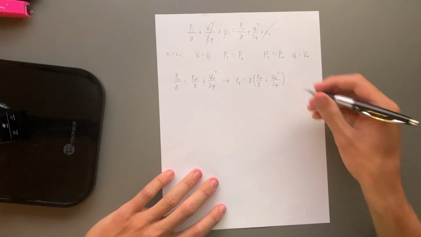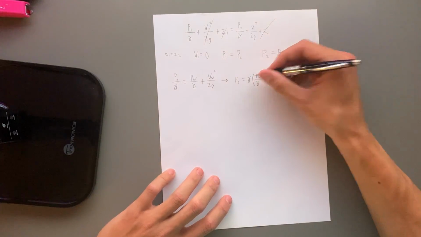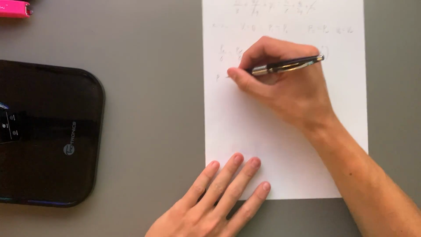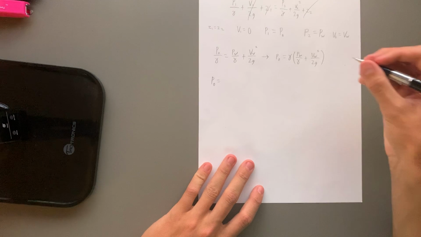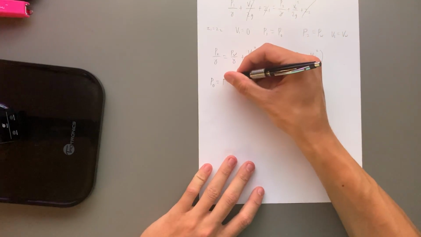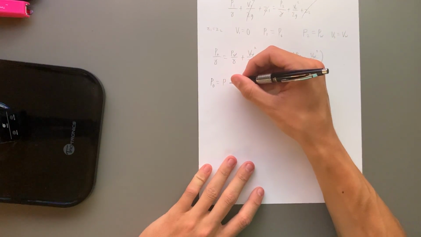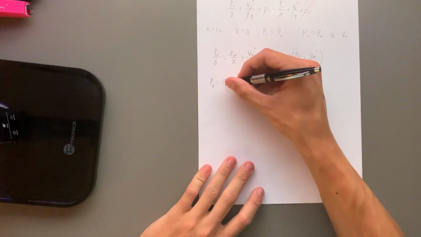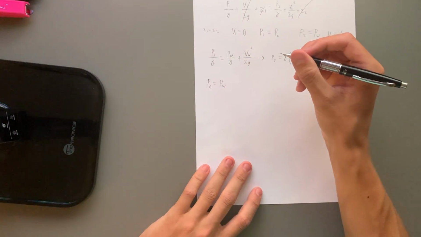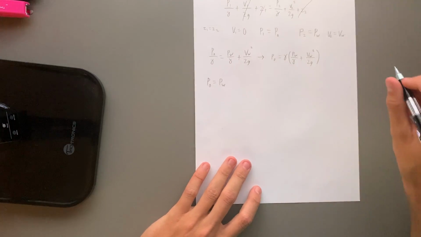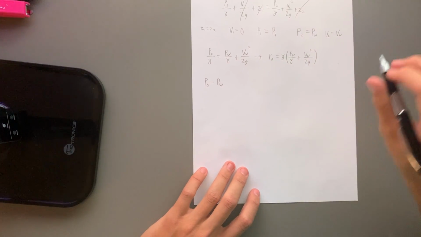All right, so now we can simplify this once again. So we're just gonna write P naught equals, so our pressure against the wall is isolated. Let's see, we're gonna have to flip these around a little later, but that's all right.